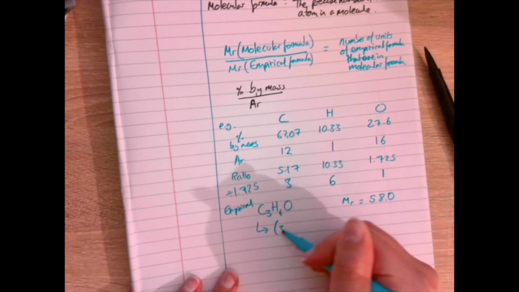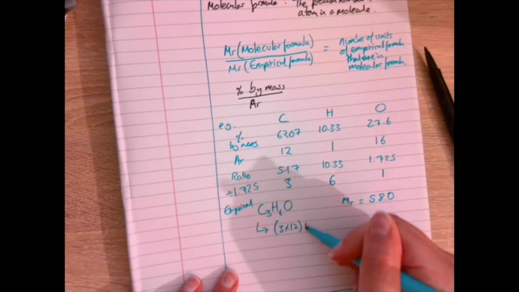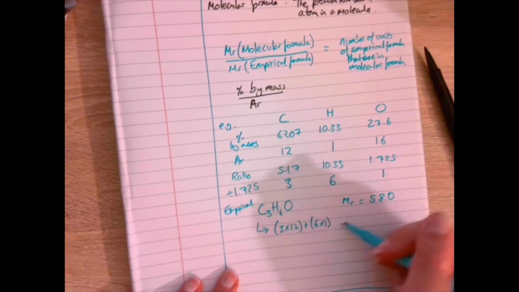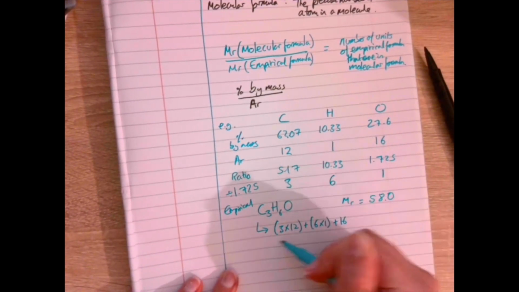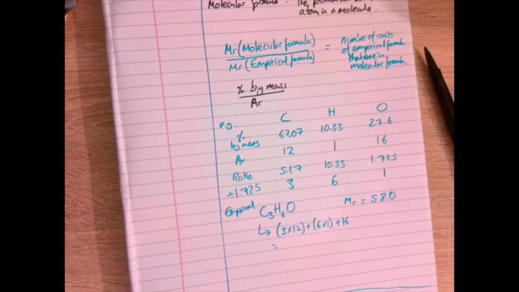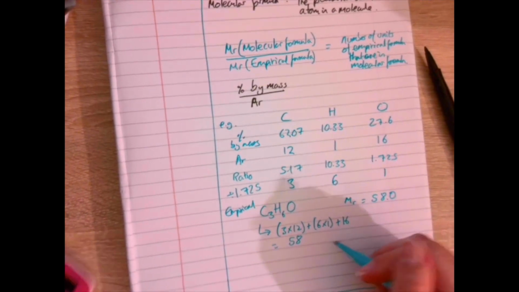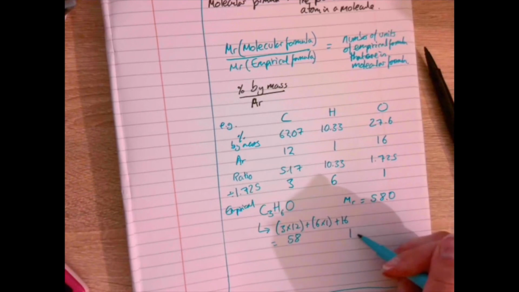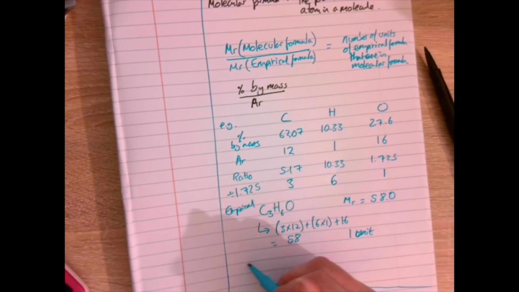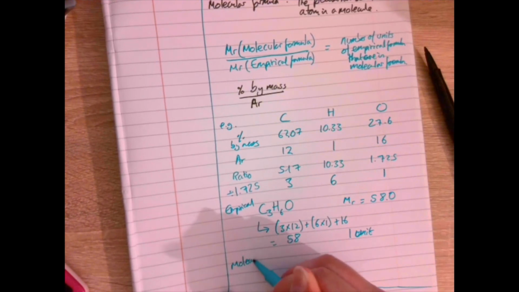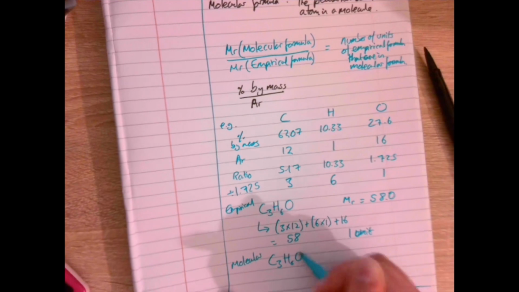So 3 lots of 12 plus 6 lots of 1 plus 16 comes out to be 58, and therefore we know that actually there's only one unit, and therefore our molecular formula is still C3H6O.